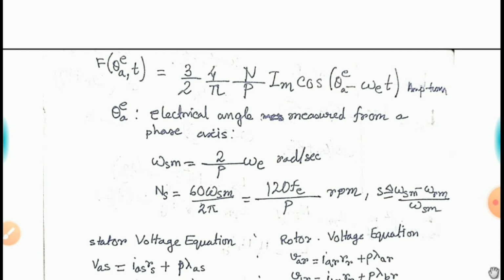And we all know omega sm, that is the mechanical speed of our stator rotating magnetic field. Please listen carefully, it's not the rotor speed.